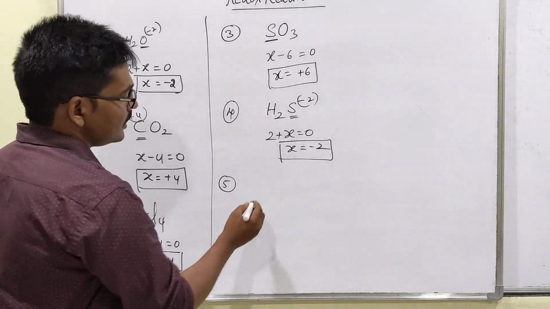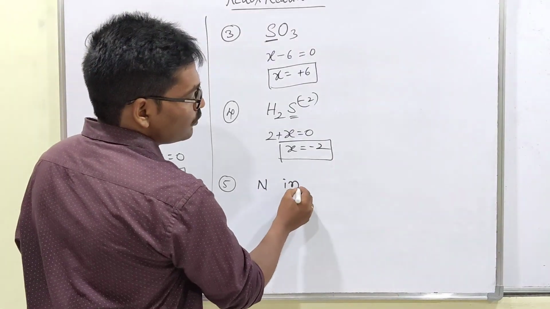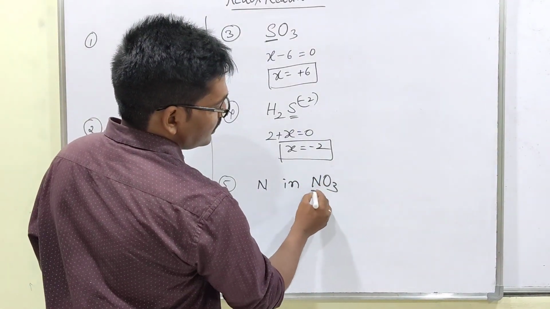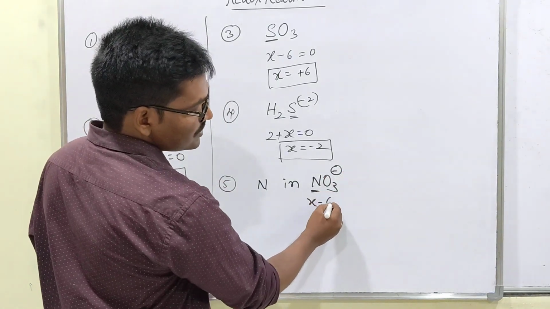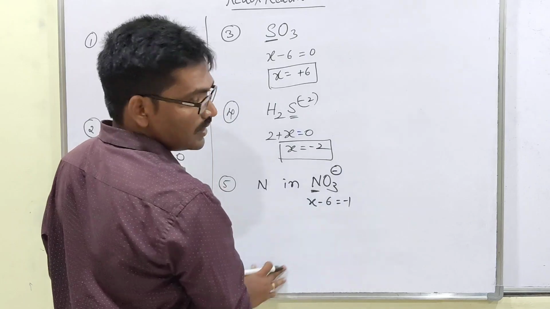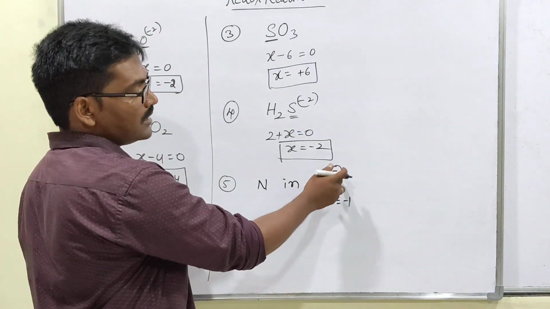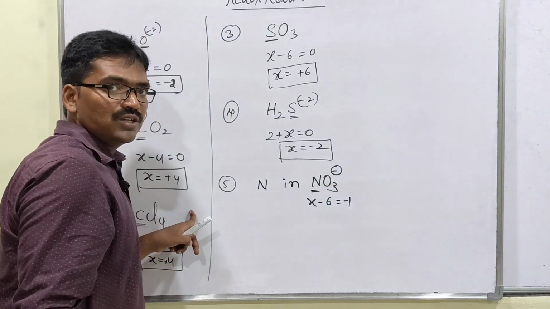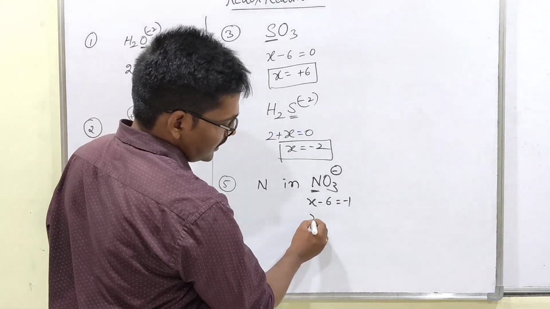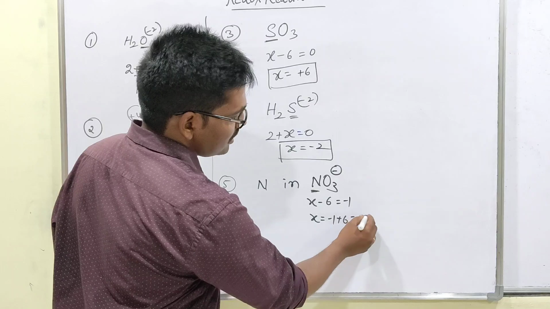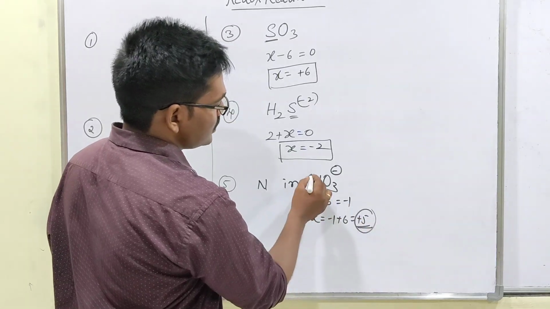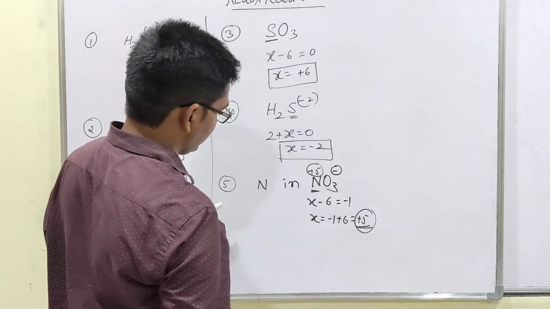Then nitrogen in NO3 minus: X, then minus 6 equals to minus 1. I told you that the sum for an ion equals its charge. So X equals minus 1 plus 6 equals plus 5 is the oxidation state. So nitrogen oxidation state is plus 5.